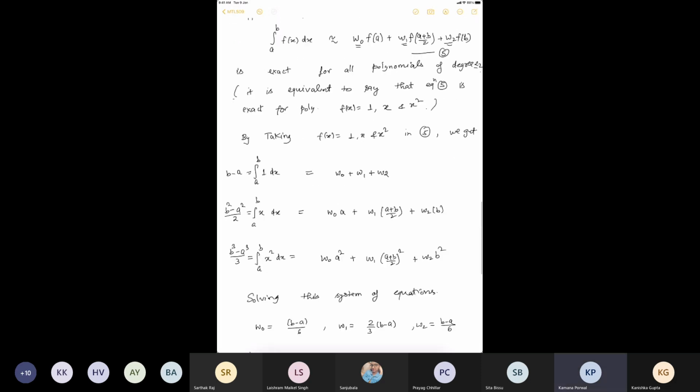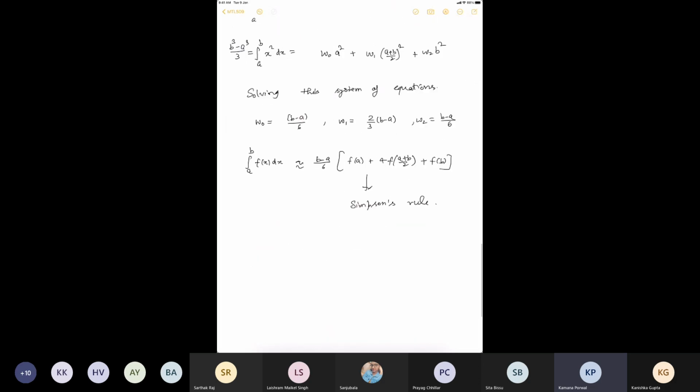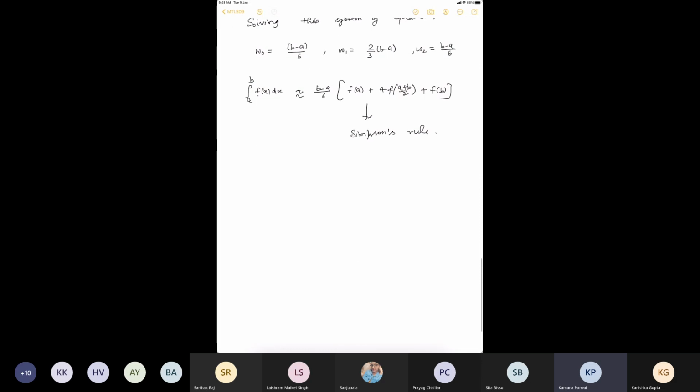Okay, so we have been talking about this exactness for polynomials, right? There's a formal name associated with it. It is called the degree of precision. So let me define it formally. So this is the definition.